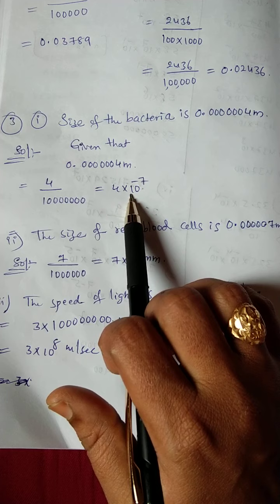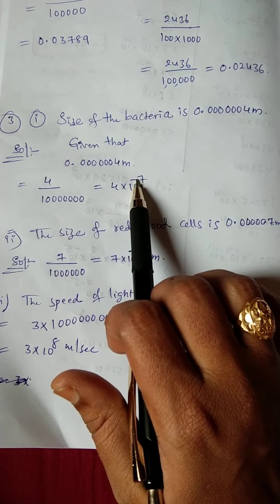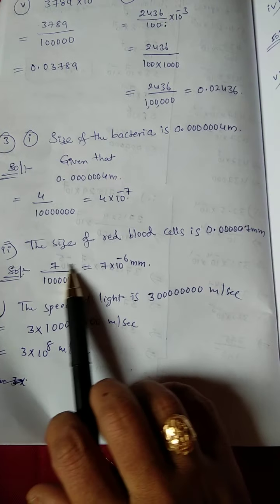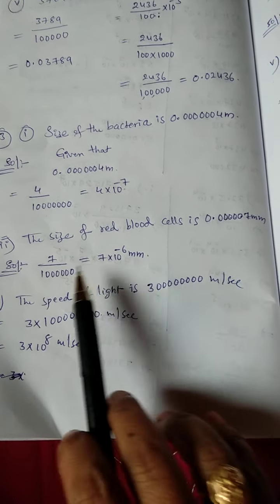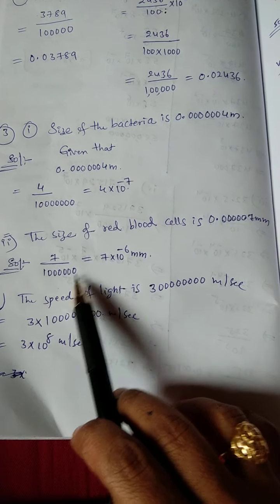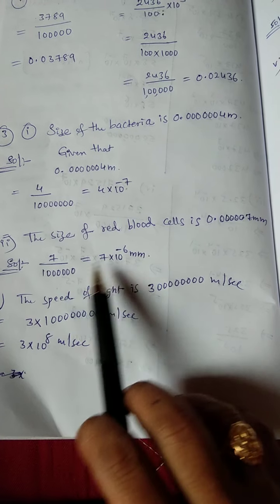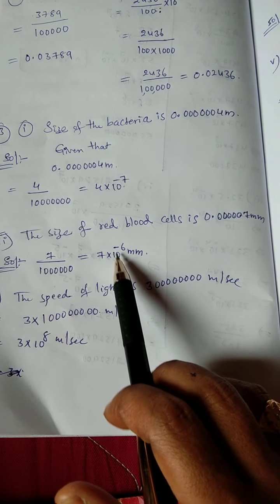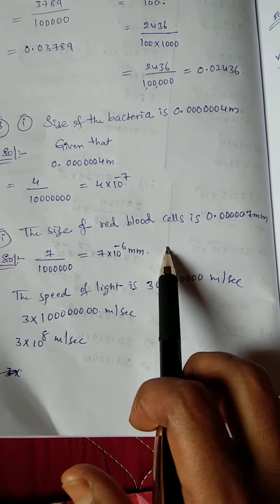So 4 into 10 power minus 7 will become, if you write in the numerator. Okay, the size of a red blood cell this much is given millimeters. So first the decimal number should convert into rational form, then 7 into 10 power minus 6 millimeters.